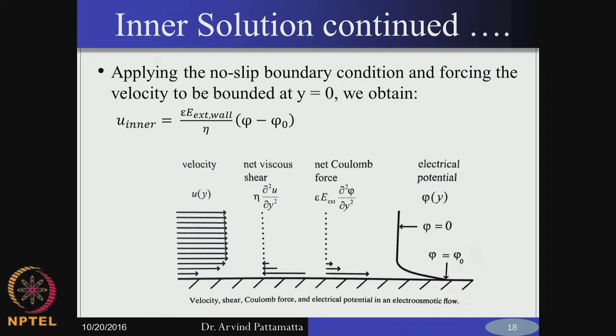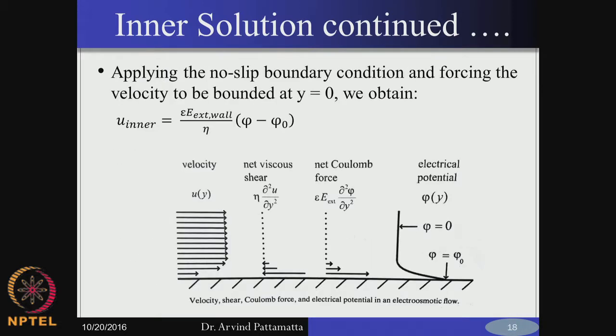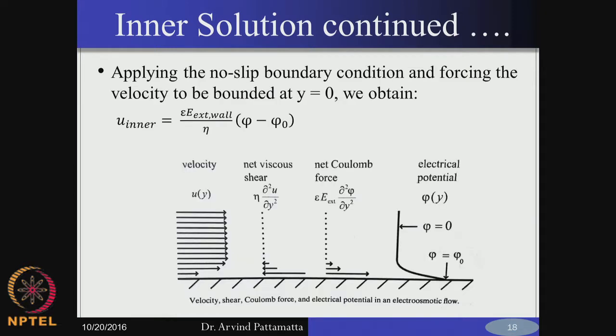This turns out to be simply epsilon E times phi by eta. We also apply the condition that at y equal to 0 phi becomes phi naught, that is your value of phi at the wall. So we get this particular solution for the velocity profile.